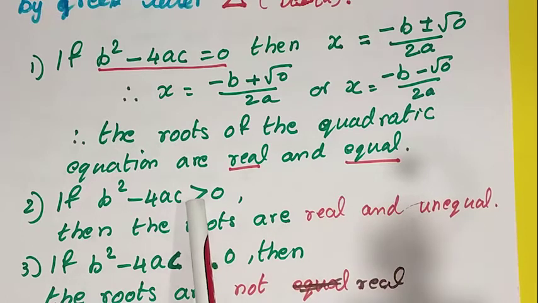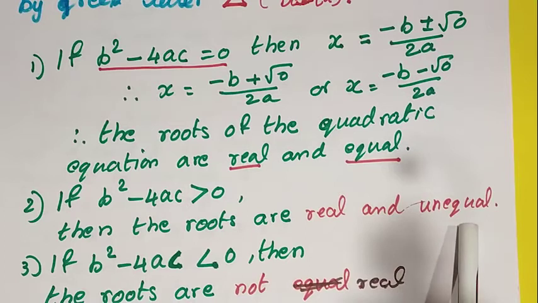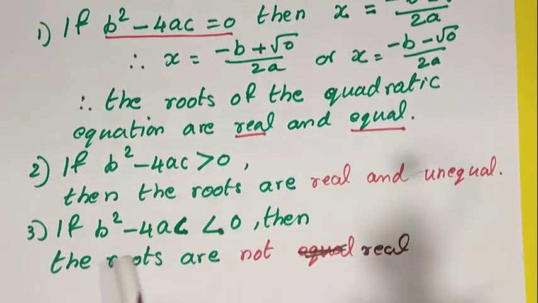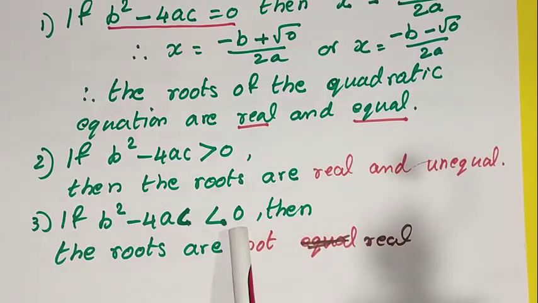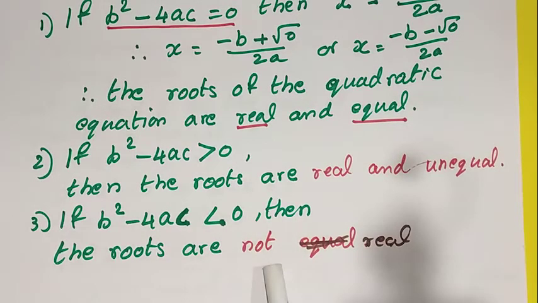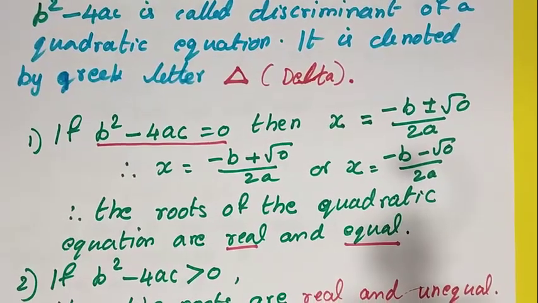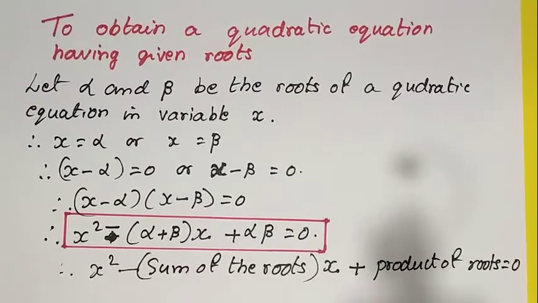You will have two roots, and those roots are not equal. Then if b square minus 4ac is less than 0, that is, if you get the delta value as less than 0, then the roots are not real. You cannot find the square root in that case.